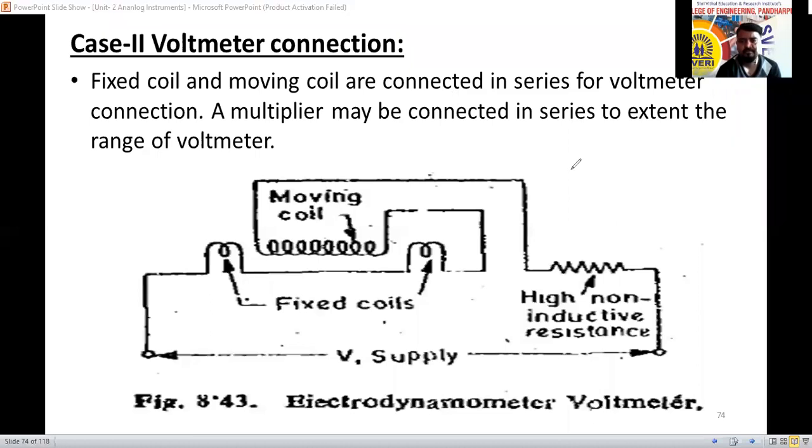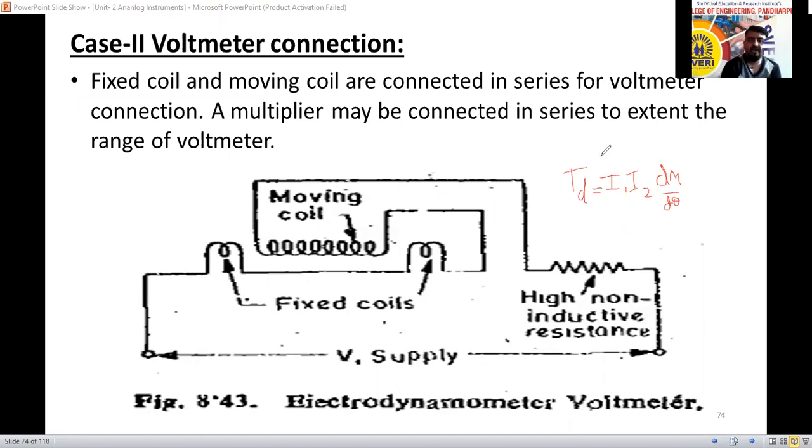TD equal to I1 I2 dM by d theta. That is the torque equation of the EMMC instrument.